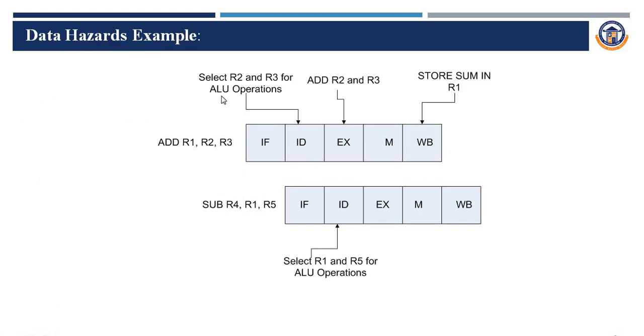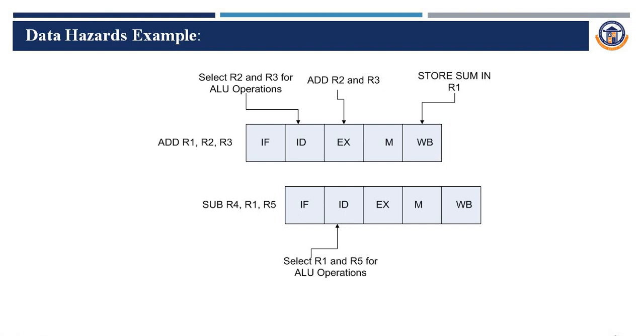Data hazard example: when you see the instruction ADD R1, R2, R3, the result of R2 and R3 will be available in R1 in the write back stage. Immediately this R1 must be added with R5 and the result stored in R4, so you use R1 immediately in the decode stage.